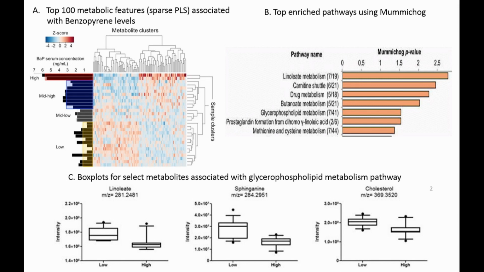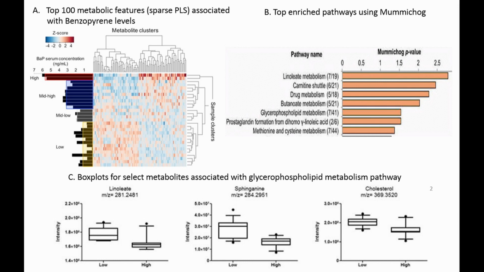So this heat map shows the clustering of the top 100 metabolic features that were strongly associated with benzopyrene levels. This is a two-way hierarchical clustering. On this dimension, we have clustering of the metabolic features, so we can separate them into two major clusters.